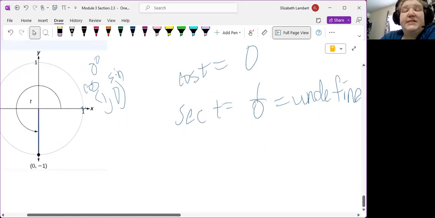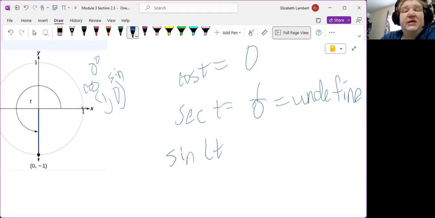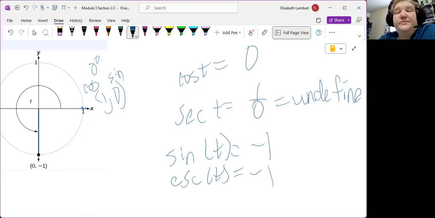All right, now our sine down there. The sine of t is -1. So the cosecant of t will be the same, -1. And then our last ones are just tangent and cotangent.